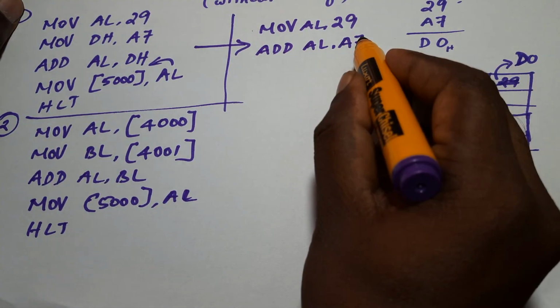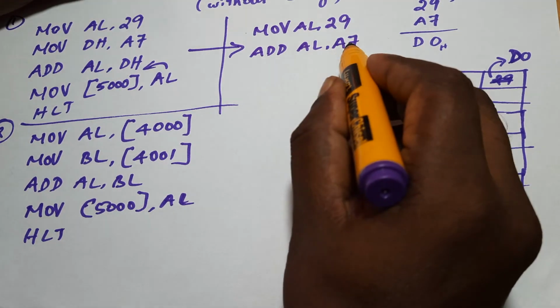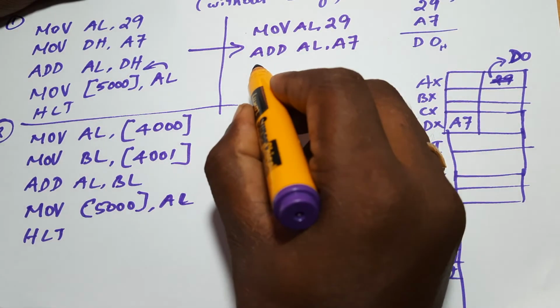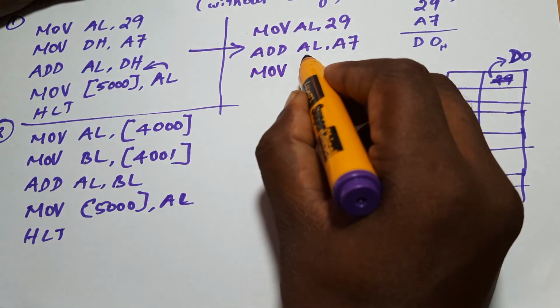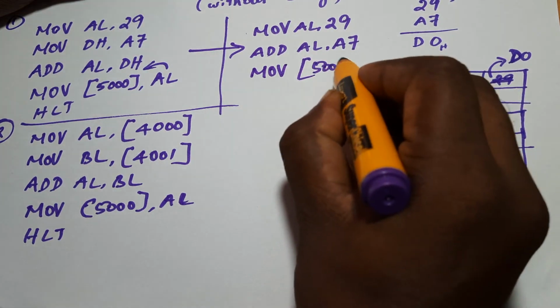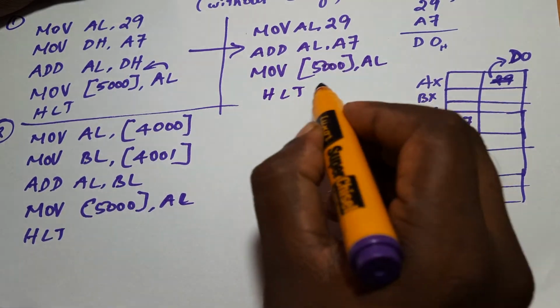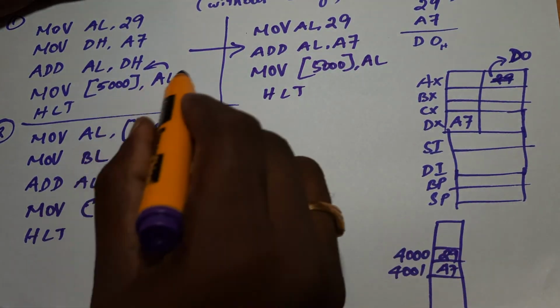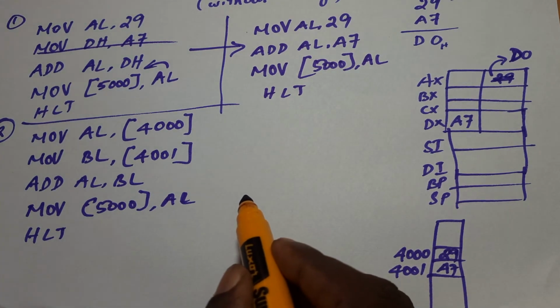So A7 is the immediate value and it is added with the value present in AL and the result is stored back in AL. So this is also possible. Here the result again we are moving into a memory location, then HLT. So what is the benefit in this? We have reduced one instruction. This is gone. So this is the benefit.